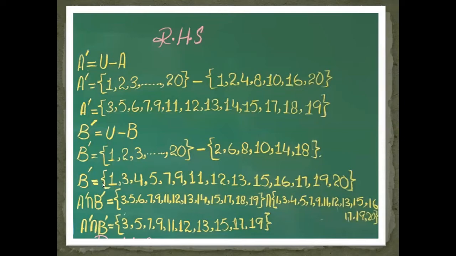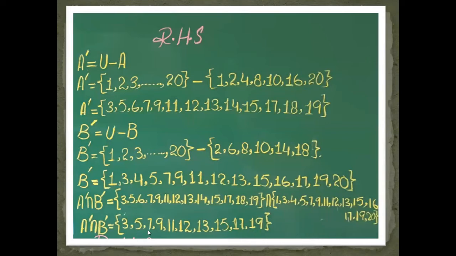Now take the intersection of A complement and B complement. Intersection means write the common elements of both the sets. So let's see, the common elements are 3, 5, 7, 9, 11, 12, 13, 15, 17 and 19, and all the remaining elements are uncommon.